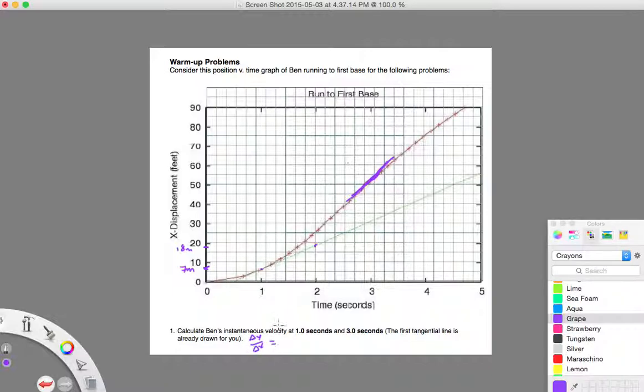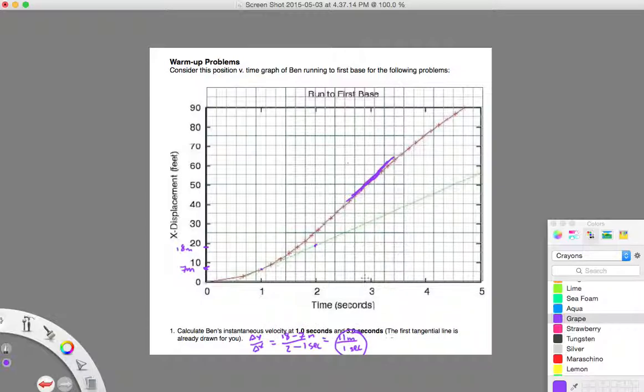The change in y is going to be 18 minus 7 all over, in terms of meters, 2 seconds minus 1 second. So this is going to be an easy calculation for us now. 18 minus 7 is 11 meters, and 2 minus 1 is 1 second. So it's 11 meters per second.